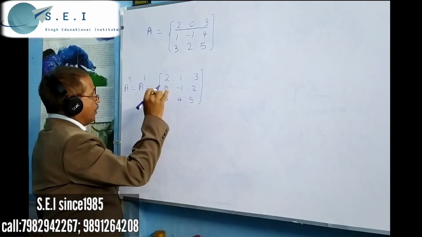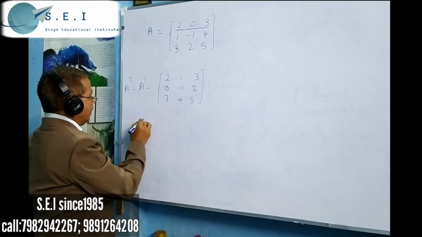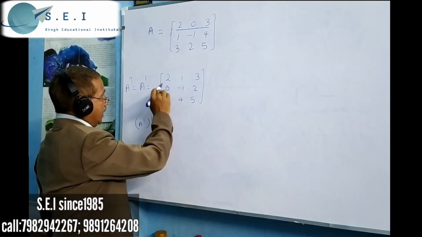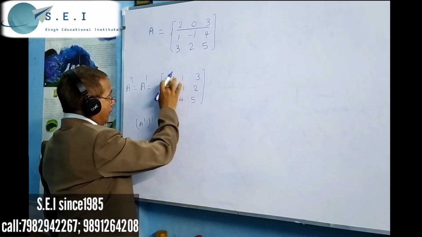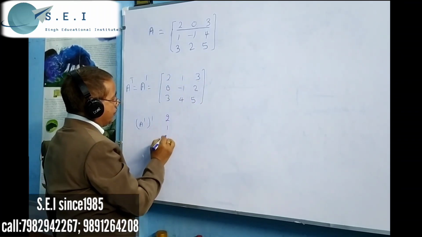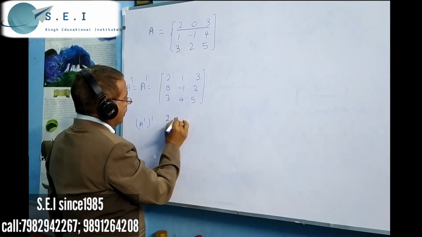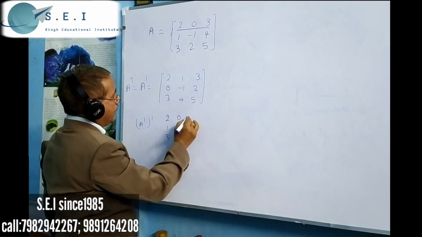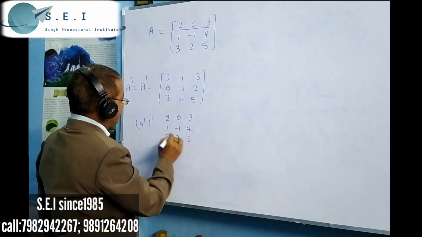So now again we find out the transpose of the given matrix. So again change the first row into the first column. So 2, 1, 3 is changed into the first column, and 0, -1, 2 is changed into the second column. 3, 4, 5 is changed into the third column, which is 3, 4, 5.